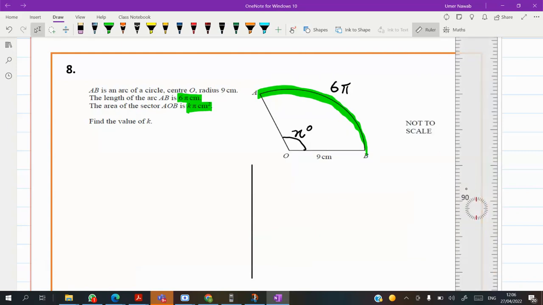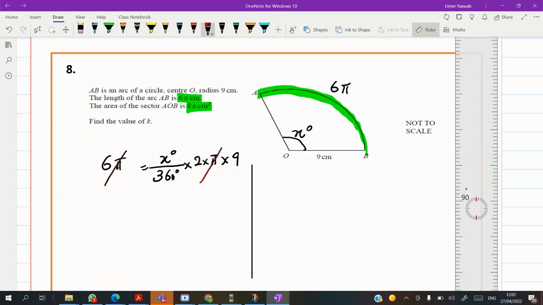In this part, I will use the arc length formula. Arc length, which is x over 360 times 2 pi, and the radius is 9. He said arc length is equal to what? 6 pi. Clear? Now use your calculation skills.